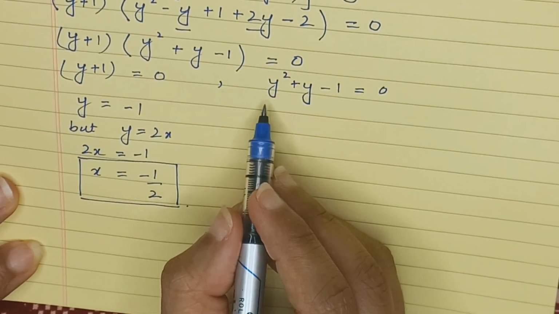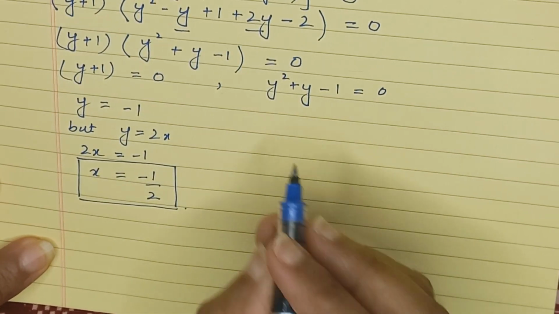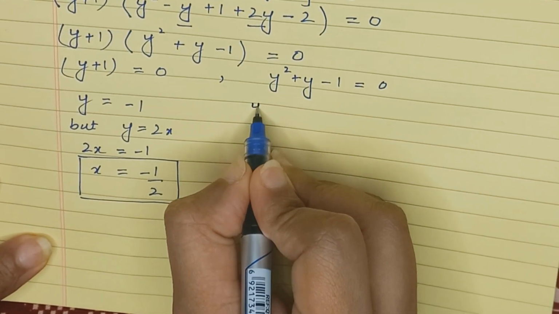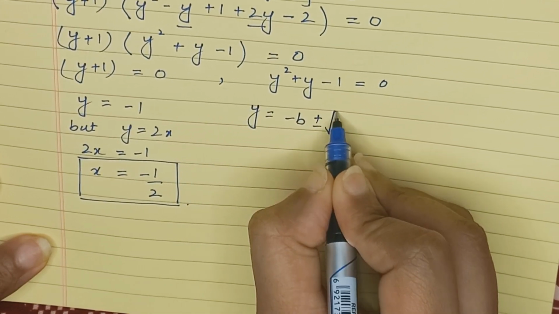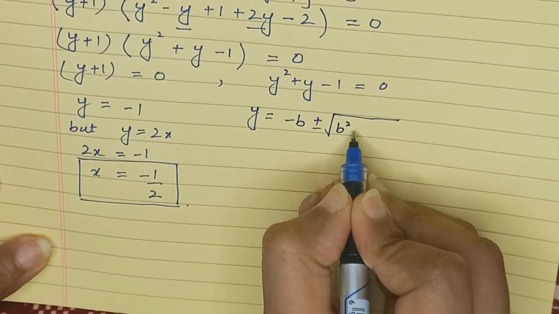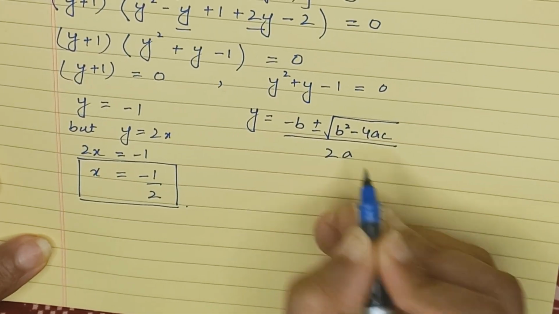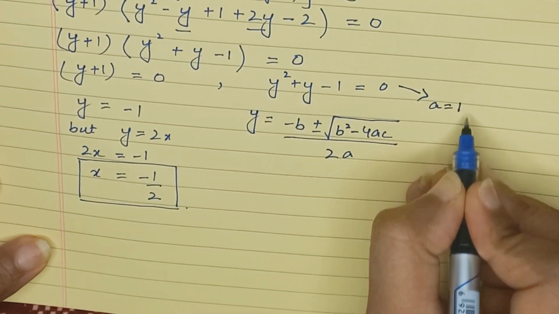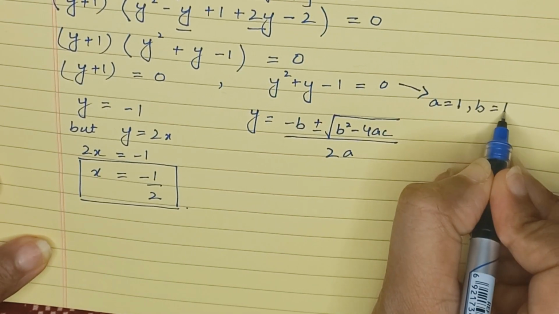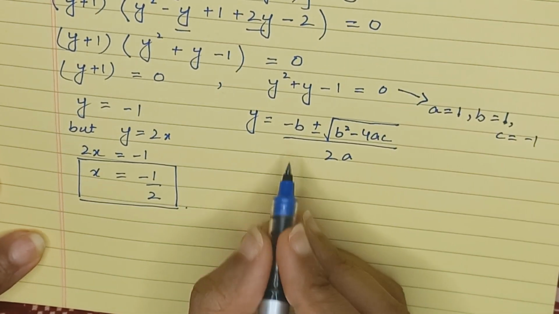Now it is a quadratic equation, so we will apply the quadratic formula, which is y is equal to minus b plus minus square root of b square minus 4ac divided by 2a, and in this equation we have a is equal to 1, b is equal to also 1, and c is equal to minus 1.